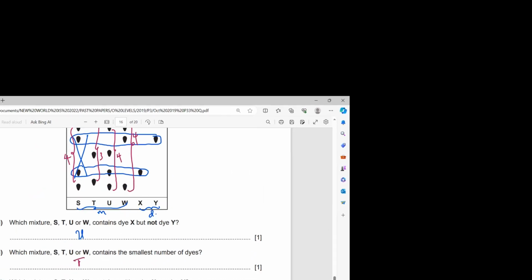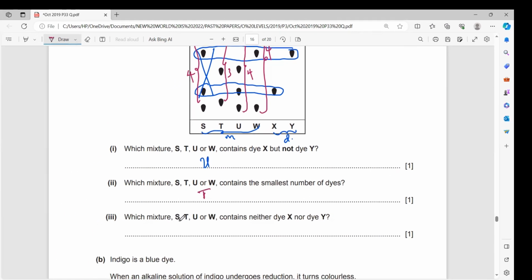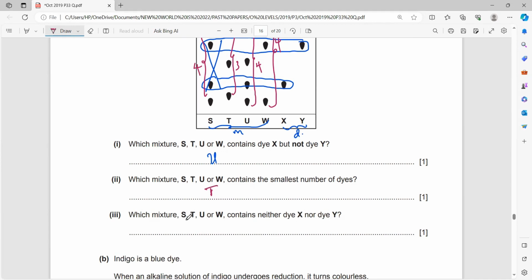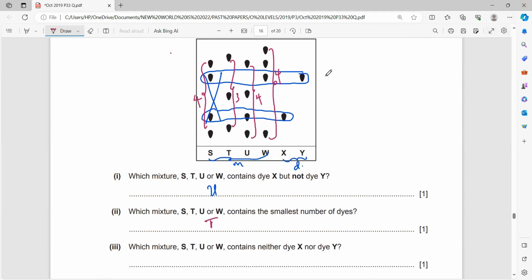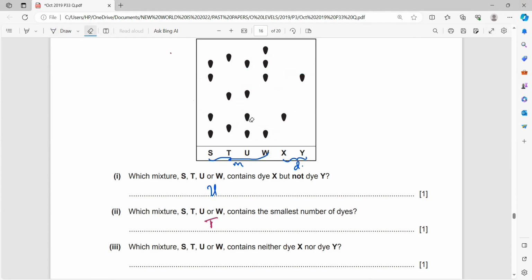And the last part of the chromatography question, which mixture S, T, U, or W contains neither dye X nor dye Y? Okay.